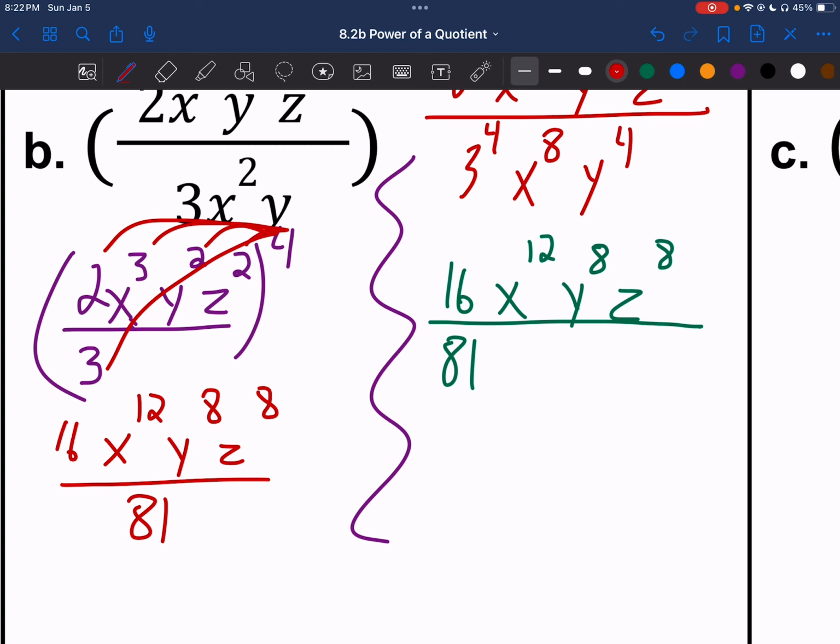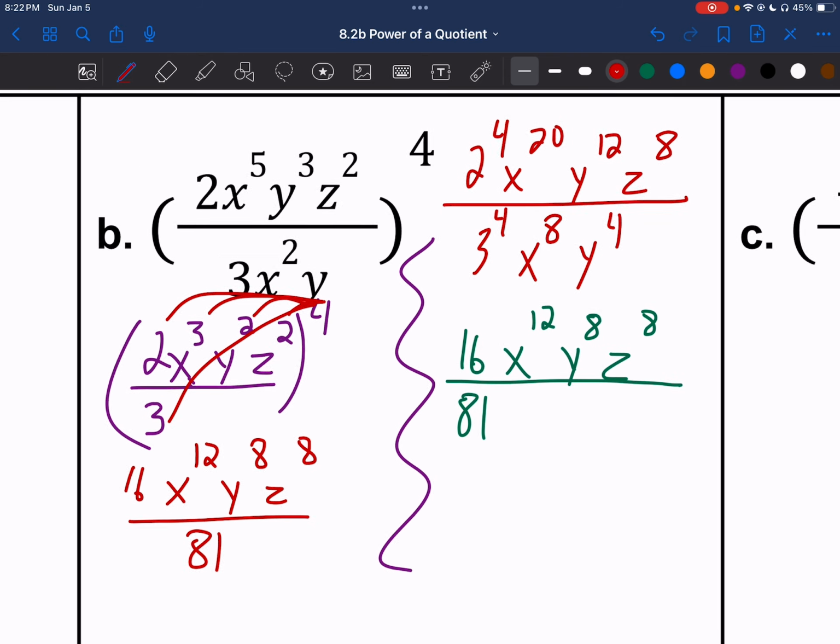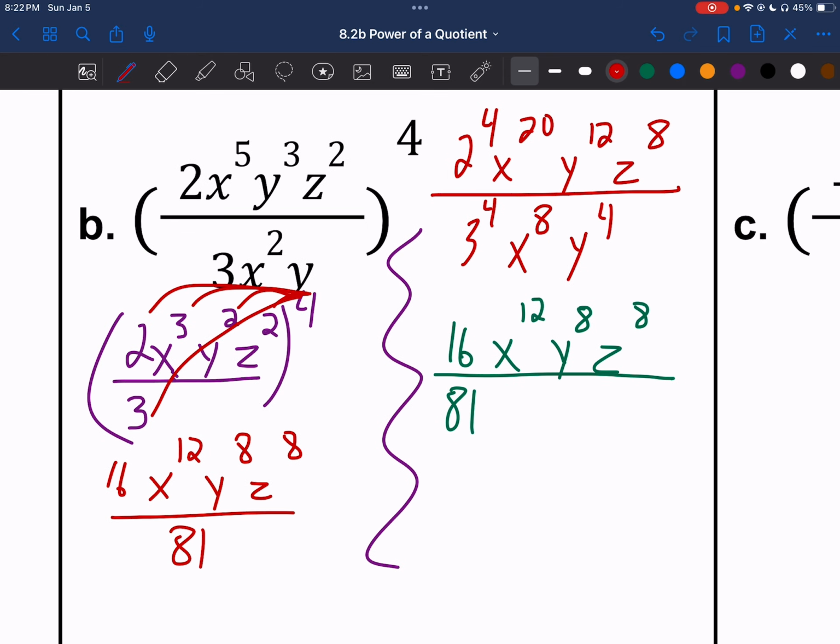The choice is yours, whether you choose to simplify beforehand and then distribute, or whether you choose to distribute first and then simplify. You're still going to be doing the same amount of work either pathway you take. I will say I personally would rather simplify before I do any applications of the power rule. I would rather simplify first.